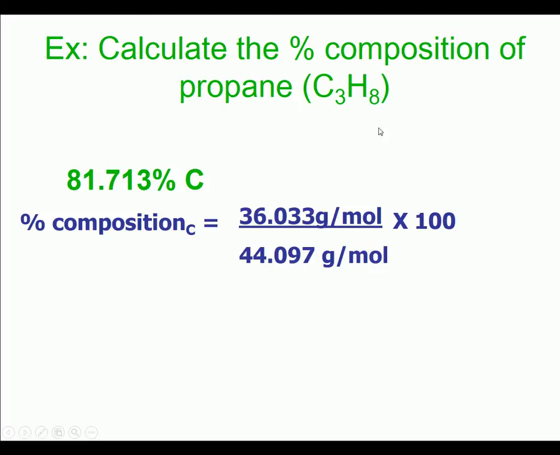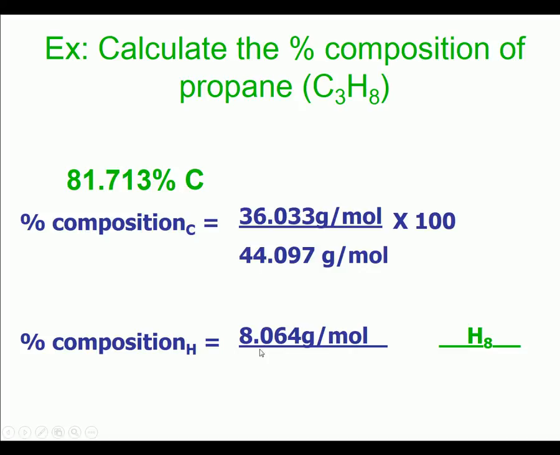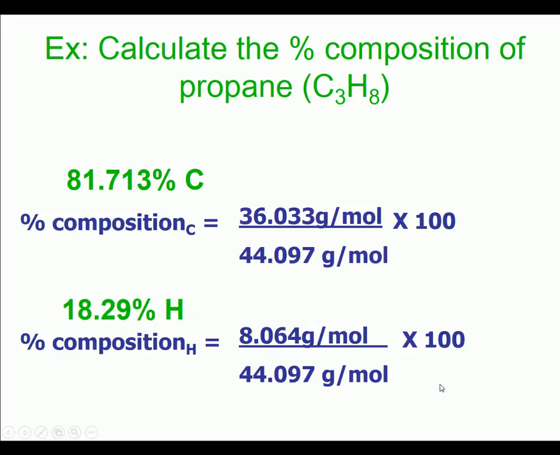Now to calculate the percent of hydrogen in the formula, I'm going to follow the same steps, except my numerator value is going to represent the total mass of hydrogen in 1 mole of propane. So here is the total mass of hydrogen in 1 mole of propane, and this is the molar mass of propane, and so I'm talking about the part out of the whole, times 100, of course.